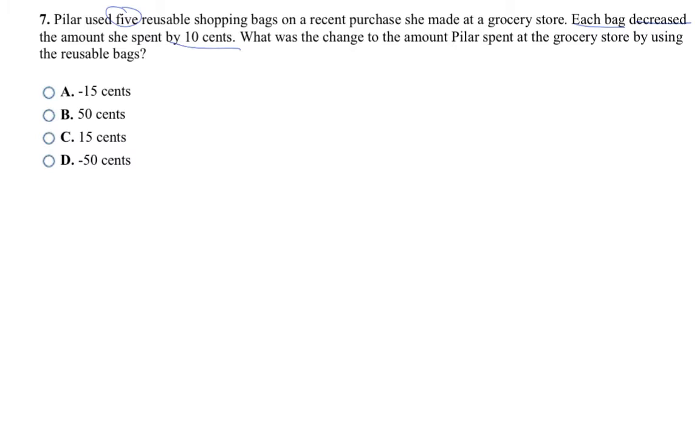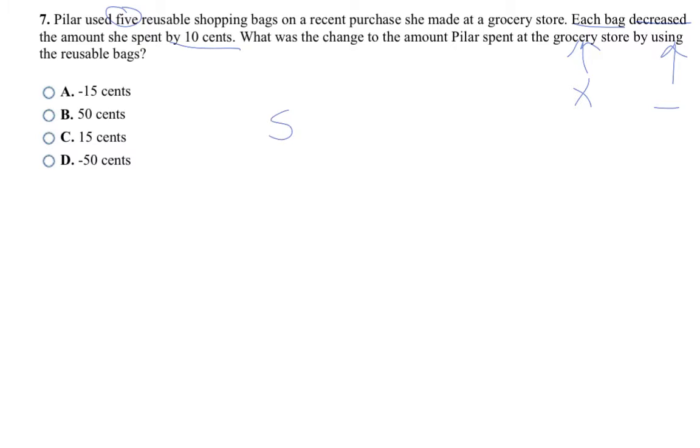So here we have 2 keywords. We have each that tells us to multiply, and we have decrease that tells us to subtract. Well, to get the total amount we subtract, we need to find out what 5 bags total decrease the amount by. So each bag is 10 cents.